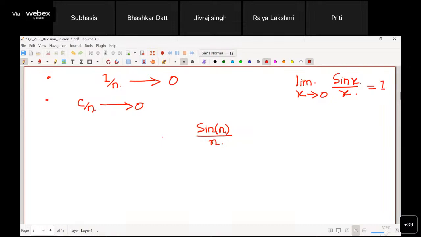When I write sin x by x, I am taking x towards 0. But when finding the limit of this sequence, where am I taking n? n is going to infinity. You can see the difference, right? These are completely two different things.